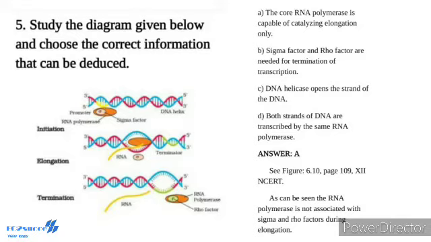Consequently, transcription and translation can be coupled in bacteria. So the correct answer is option A, as can be seen, the RNA polymerase is not associated with sigma and rho factors during elongation.